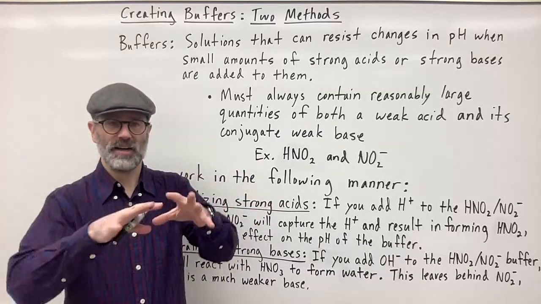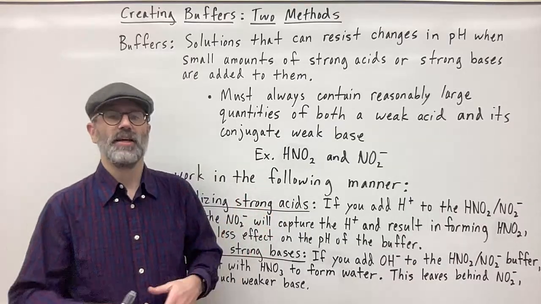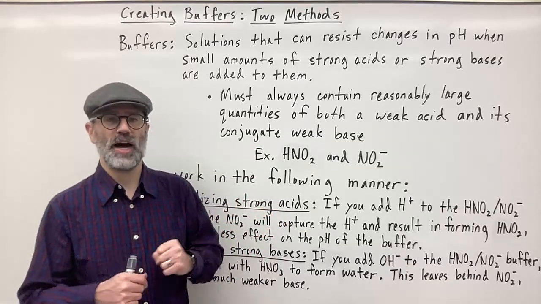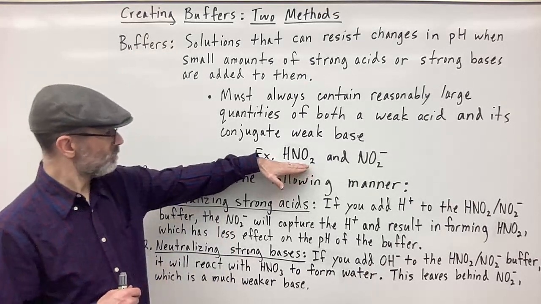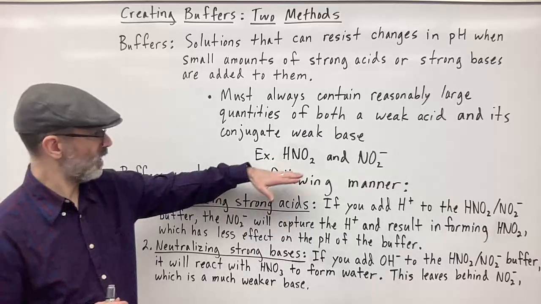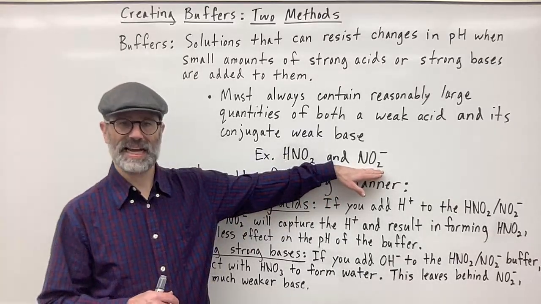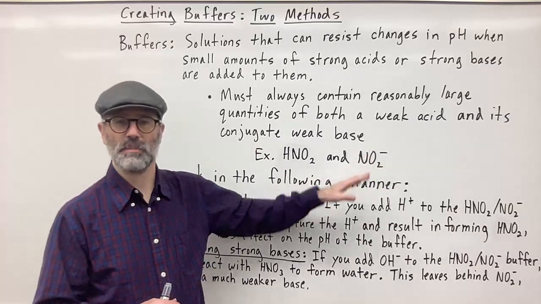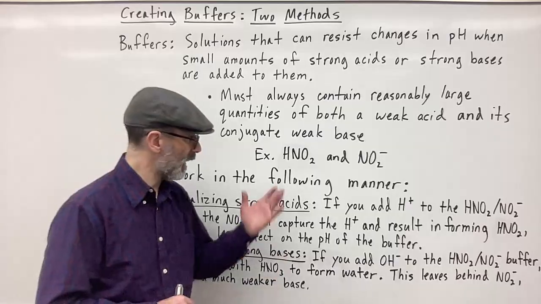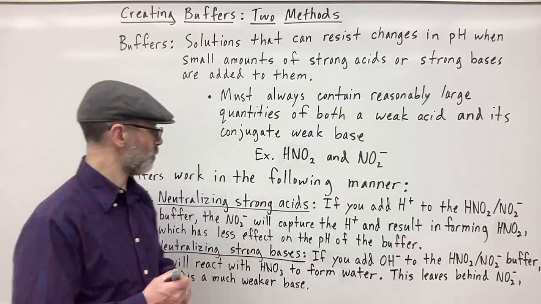So you've got a beaker of solution. It's supposed to be a buffer. So you've got a mixture of, say, for example, HNO2, which is nitrous acid, and its conjugate base is the nitrite ion. So if you have a mixture of that in a beaker, how would that react with a strong acid or a strong base?